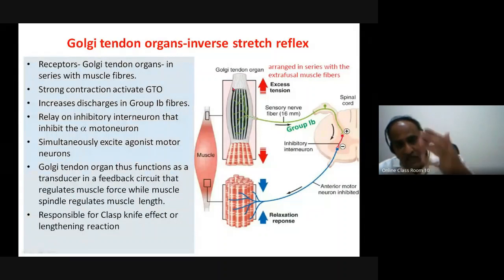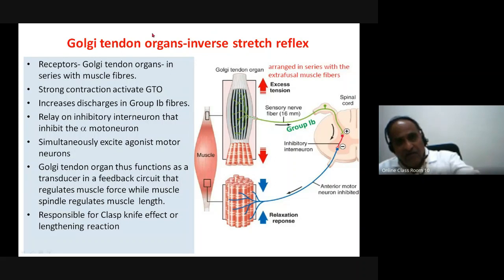They are distributed more evenly, like a spray, and are carried by fast conducting fibers. They are only activated when the muscle is stretched too much, when the contraction is too much, so excess tension. They carry it to an inhibitory interneuron here, which supplies the same muscle. This inhibits one alpha motor neuron of the same muscle, so that this muscle does not contract any further.